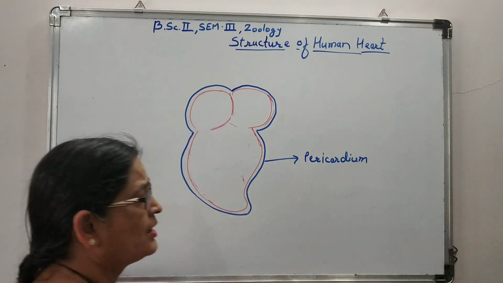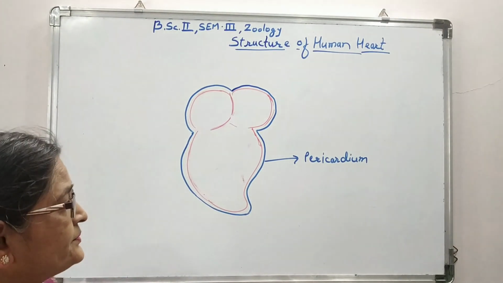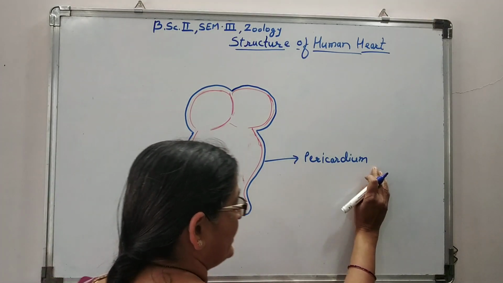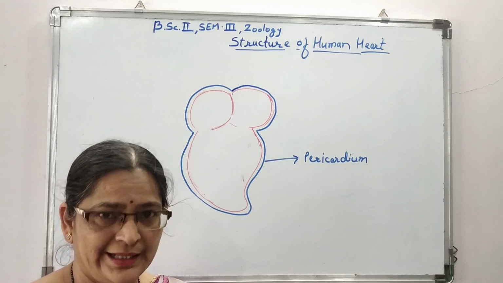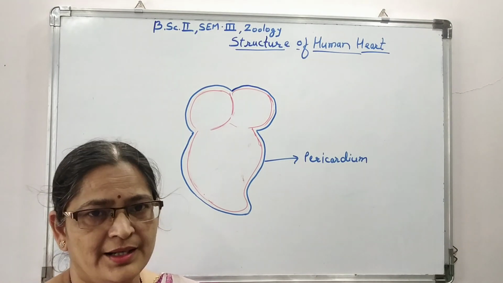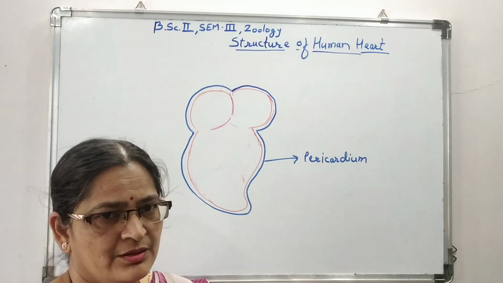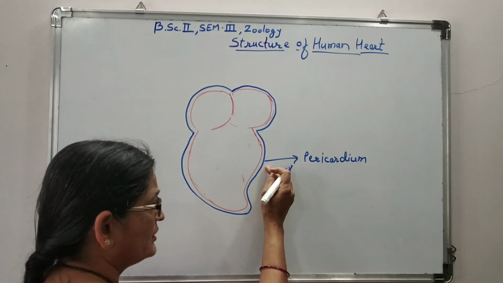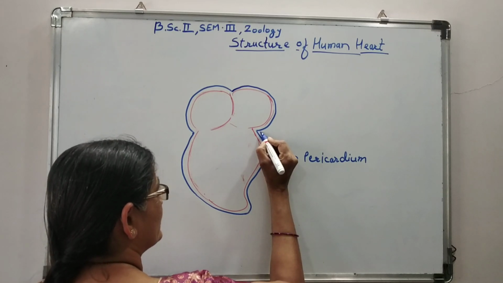Peri means outer covering of the heart. This pericardium is a protective layer which covers the heart. This pericardium is a double layer structure. If you observe the structure of the pericardium, this is a double layer structure.